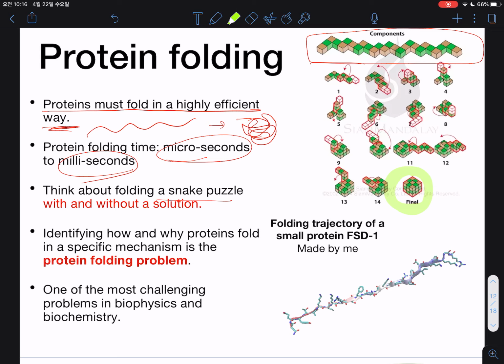But if you have to fold this from here to here within milliseconds, then you definitely should know the answer. If you know the exact order, then you can fold it very quickly, right? But if you don't know the answer, then it'll take a very long time to search for the right folding path, the right folding way.